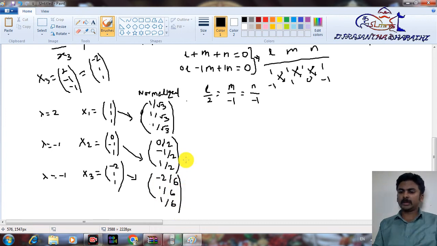This is the normalized form. Then what is the normalized matrix?